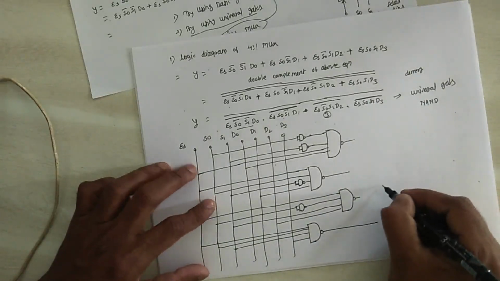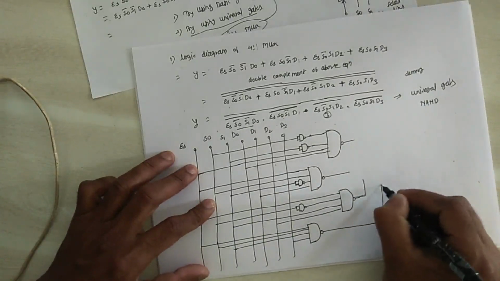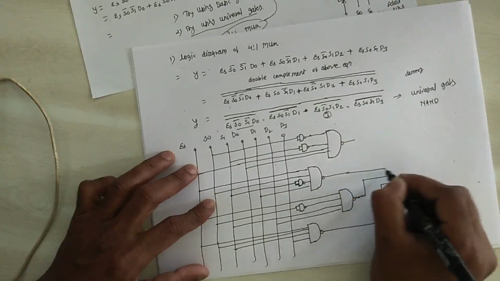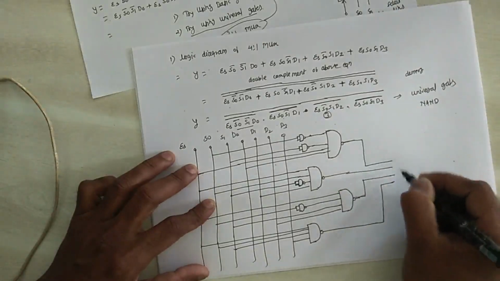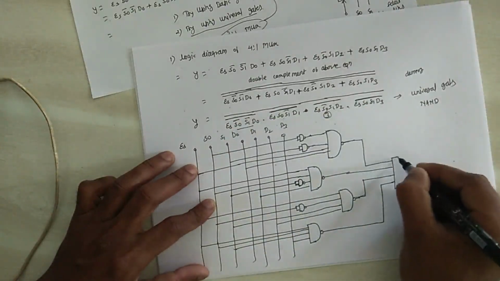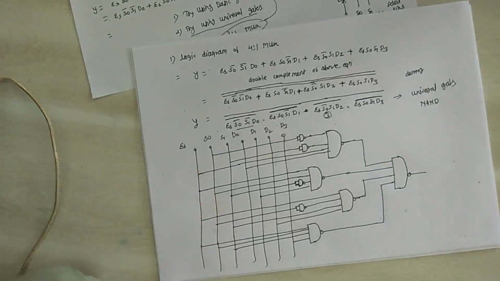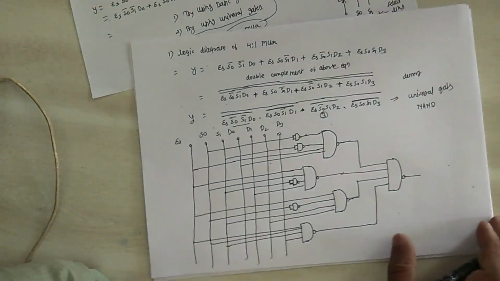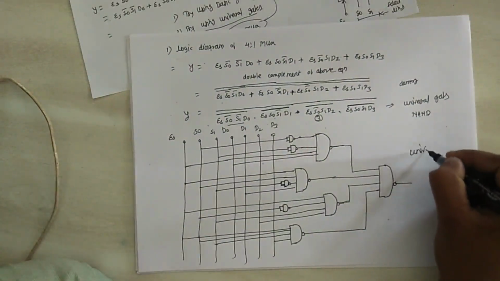These all terms are collected and combined together to produce the output with its whole complement. That's why I use one more NAND gate. So in this way we can implement the Boolean algebra for the 4:1 mux with the help of universal gates.